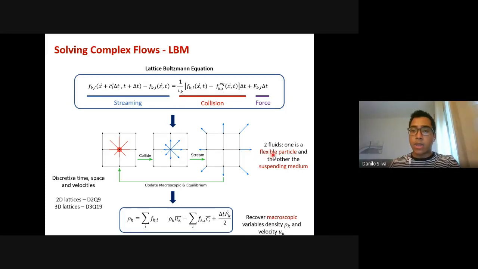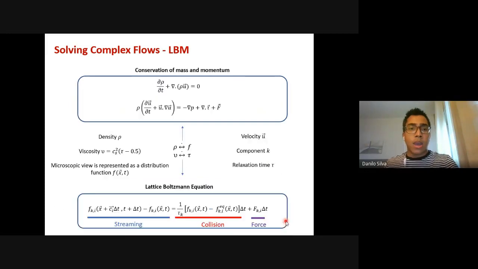Then we can recover our macroscopic variables like density and velocity. We can also recover the Navier-Stokes equations, as you may well know, and we can vary the viscosity of each different fluid.